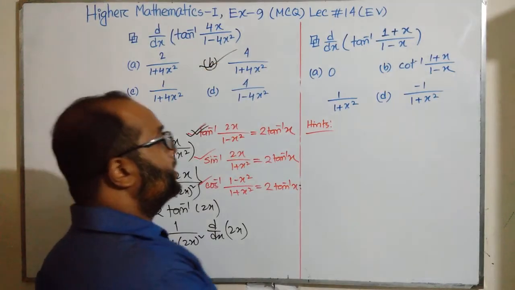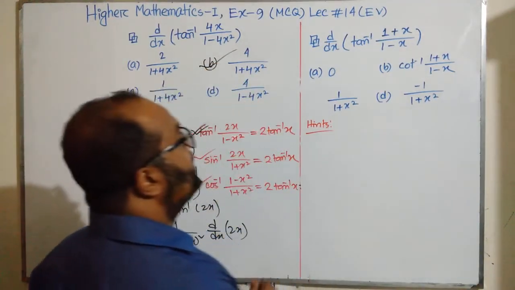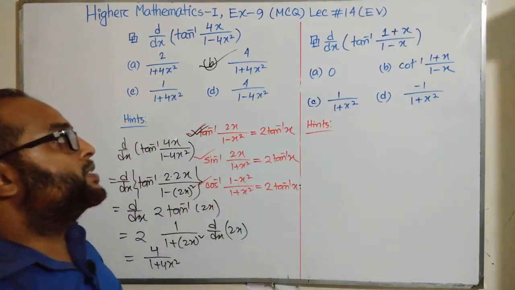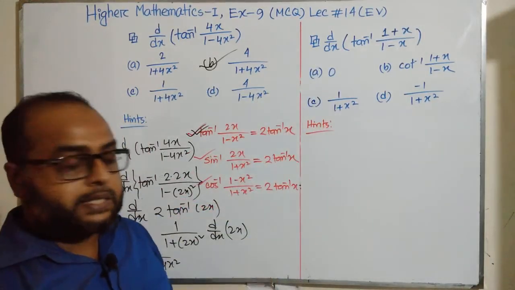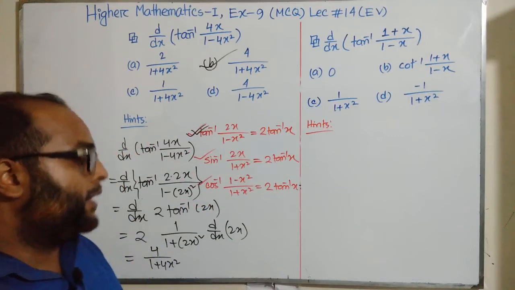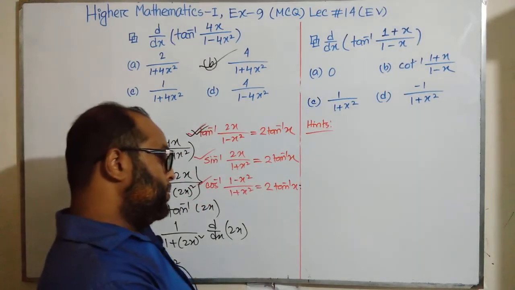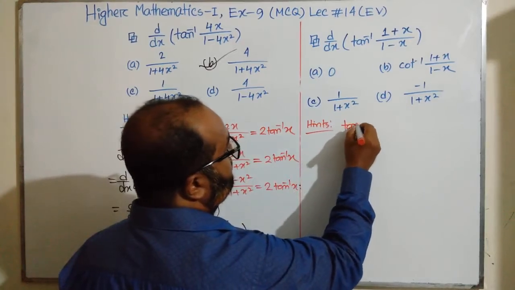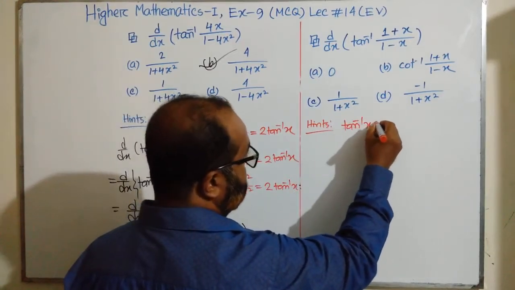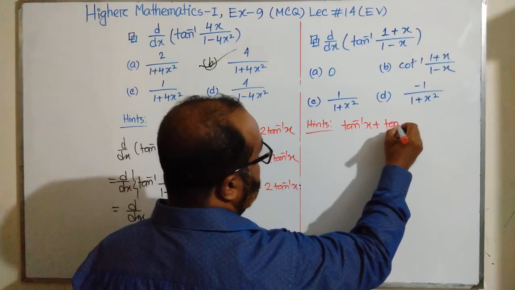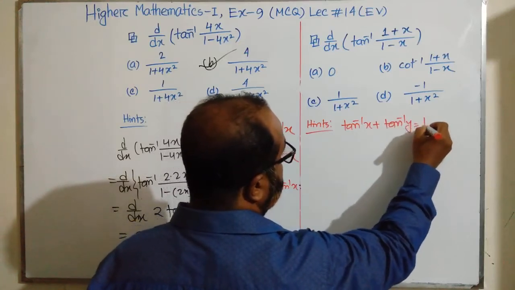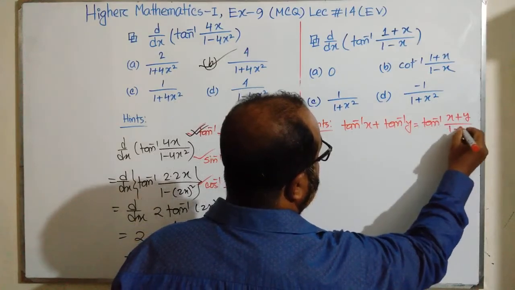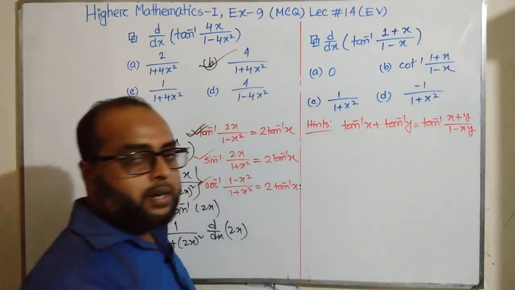Okay, our last problem, this is d/dx of tan inverse of (1 plus x) divided by (1 minus x). To do this, you have to know an important formula of trigonometry. This is tan inverse x plus tan inverse y, this equals tan inverse of (x plus y) divided by (1 minus xy).